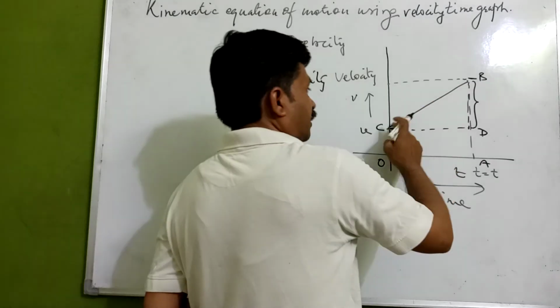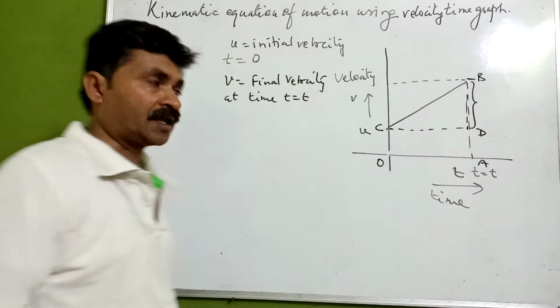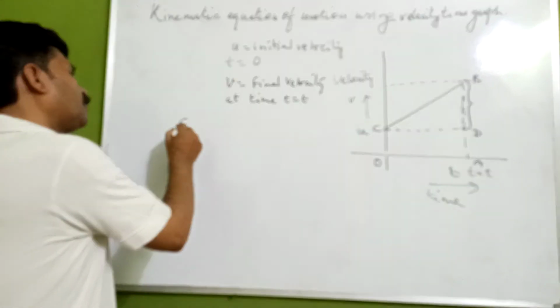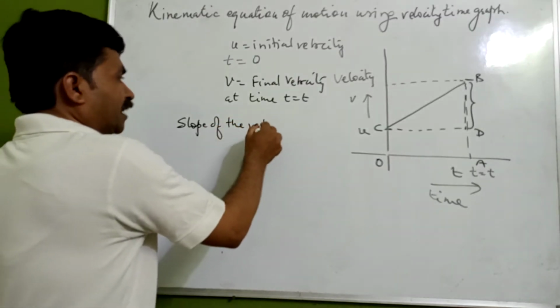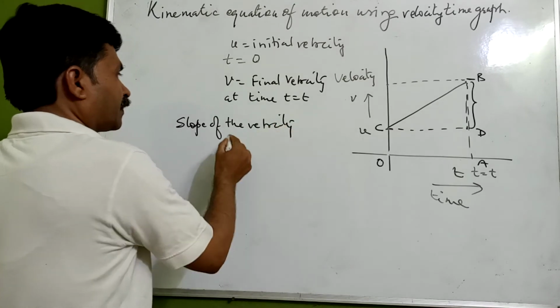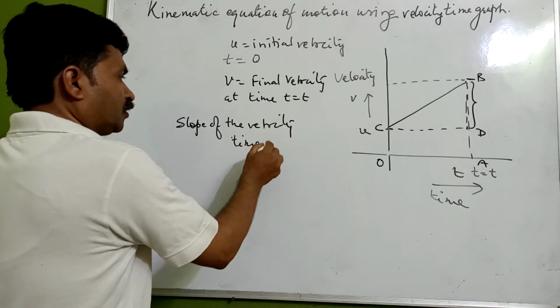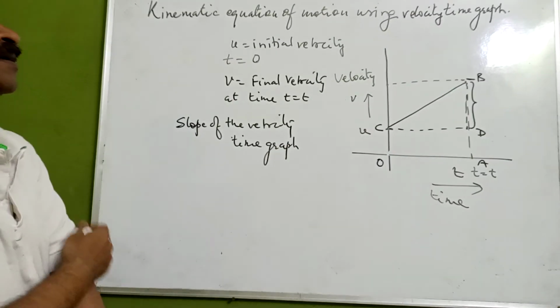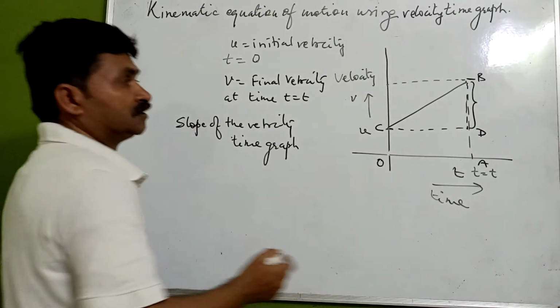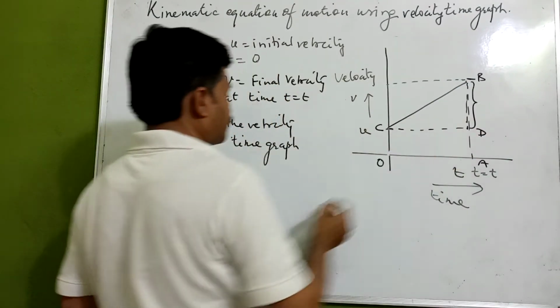Here we have the slope of the velocity time graph. What will the slope give us? This is the perpendicular and this is the base.